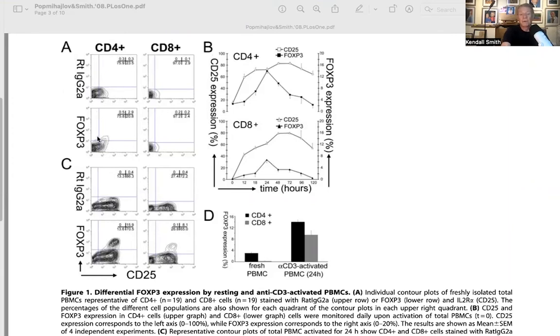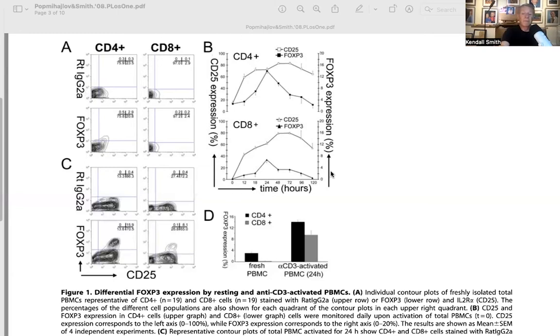There's a small fraction of cells with the highest density of CD25 that seem to be FOXP3 positive in the CD4 compartment. And in the CD8 compartment, it's very, very small. Now, Zoran did 19 different experiments and found essentially exactly the same thing.